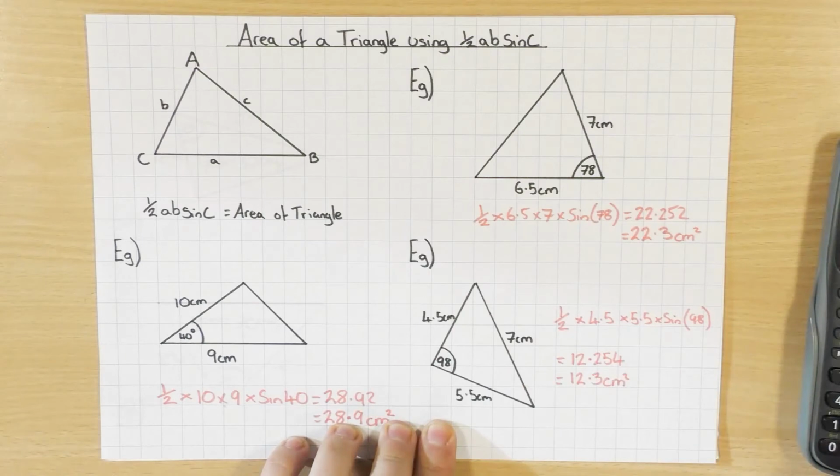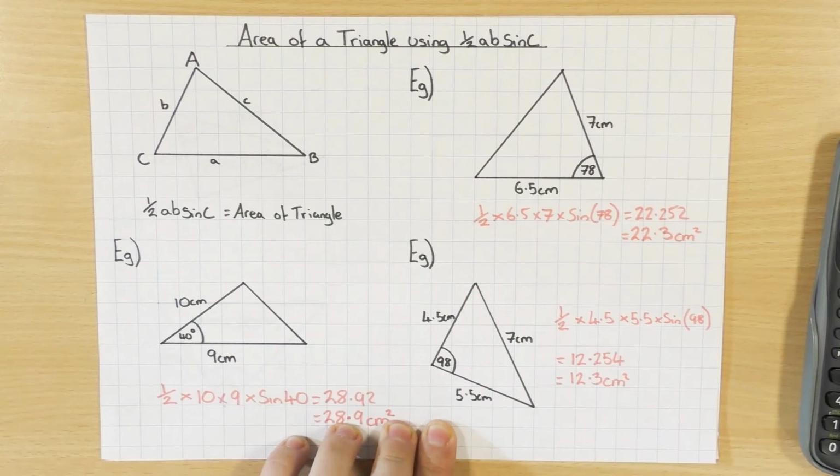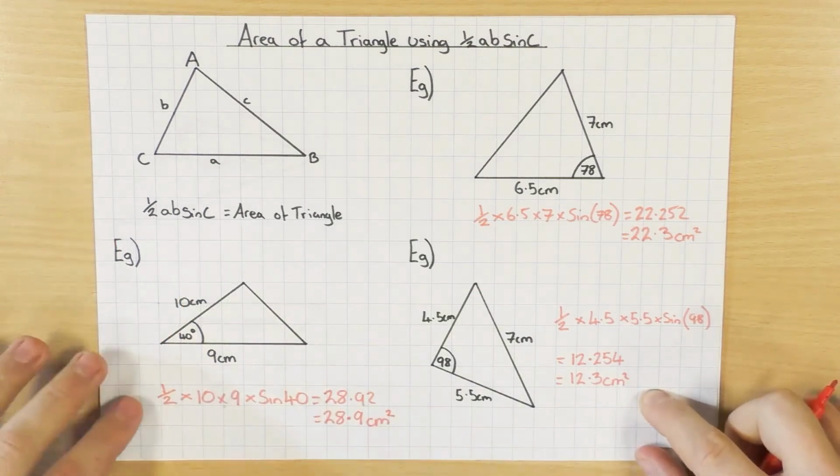Okay, so hopefully just by using this formula you can see it's quite nice and easy. All you've got to do is work out the angle, the two sides next to it, substitute it in, and then happy days, you can work out the area of the triangle. So that's nice and easy.